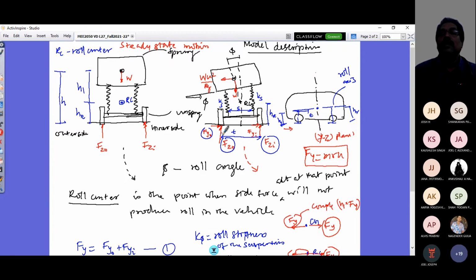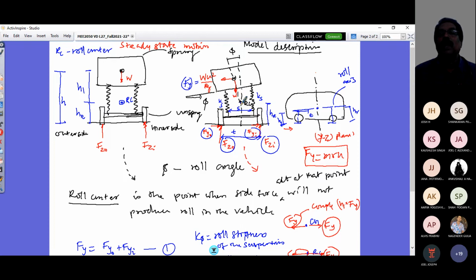And that is these two put together Fy, that's my 3, and then this force here is my Fy. So this is Fy, right? That is equal to this. So this is my fourth force.